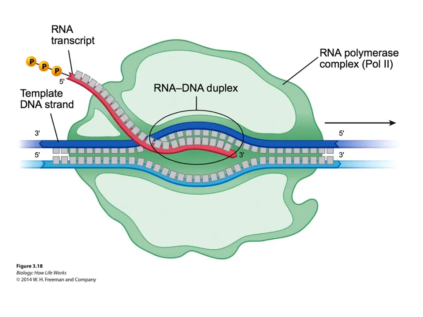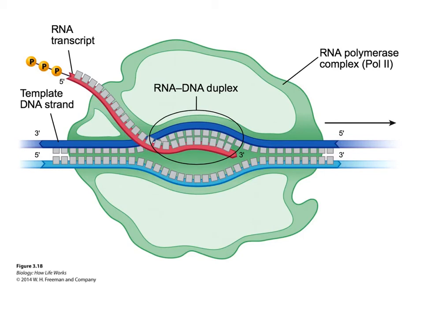All right, so here's our RNA polymerase. This big thing, and it's moving along the DNA in this direction. So the top one is our template strand. The bottom is the non-template strand. All right, so what we do is we create a bubble.